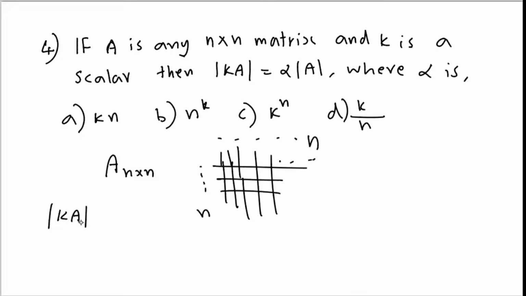When a scalar is multiplied with A, that means all elements of the matrix are multiplied with K. So all elements of the rows and columns are multiplied with K. I need to find the determinant of this Ka.